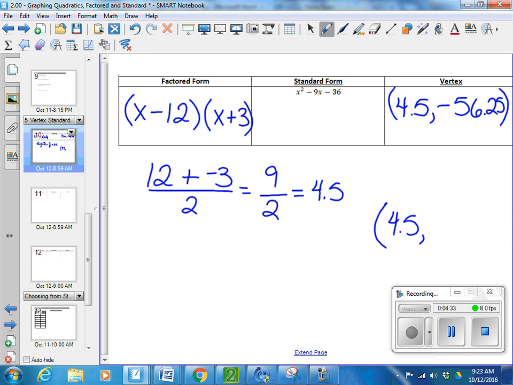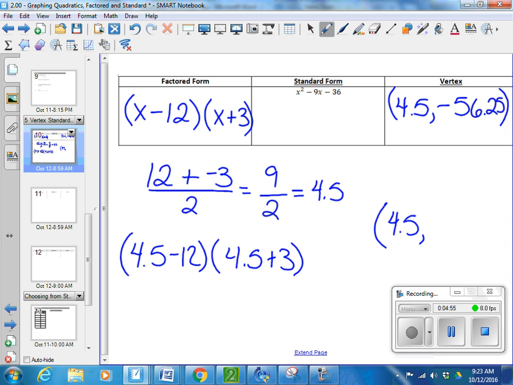All right. Then secondly, I would plug in 4.5 for the value of x. So it'll be 4.5 minus 12 times 4.5 plus 3. I'm going to compute that.